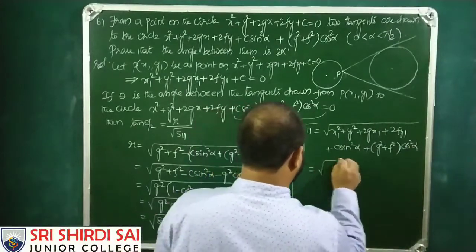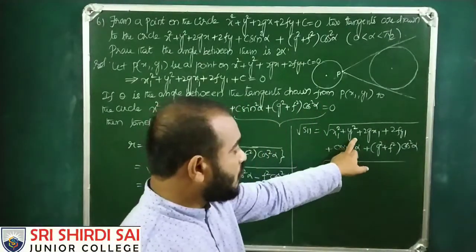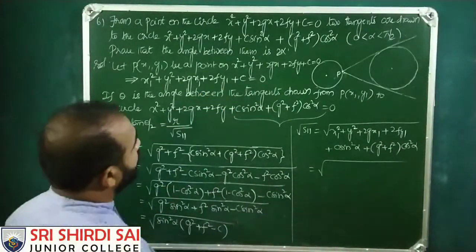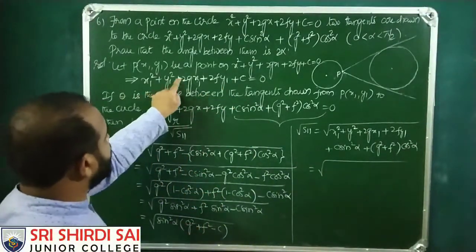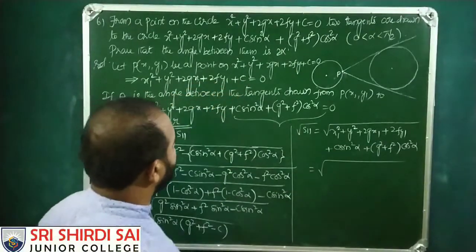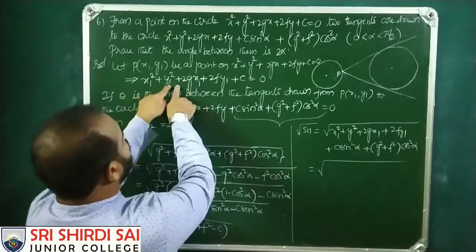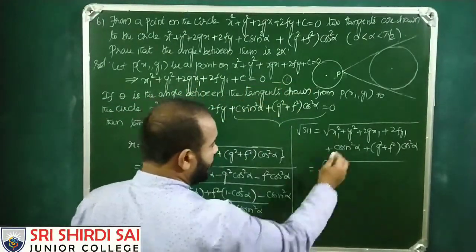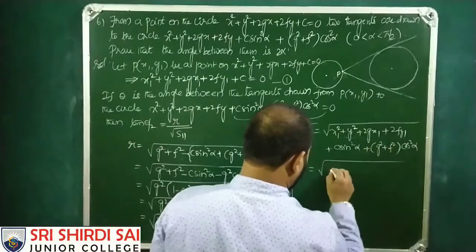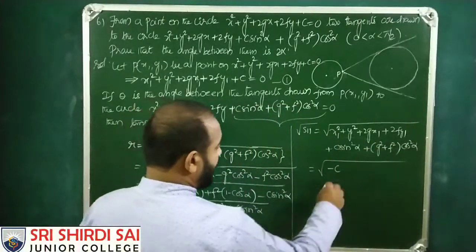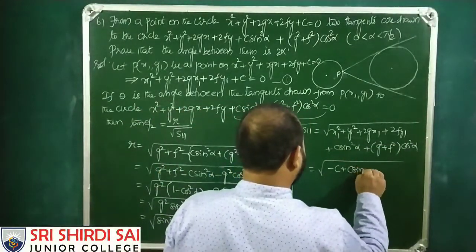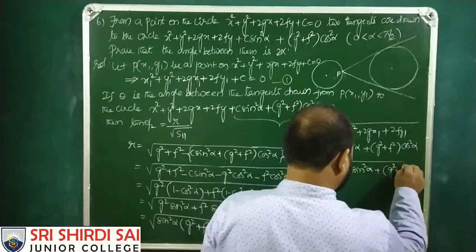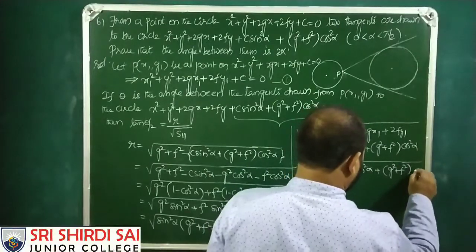We know x1 square plus y1 square plus 2gx1 plus 2fy1 plus c equals to 0, then x1 square plus y1 square plus 2gx1 plus 2fy1 equals to minus c. So I will substitute this as minus c plus c sin square alpha plus g square plus f square cos square alpha.